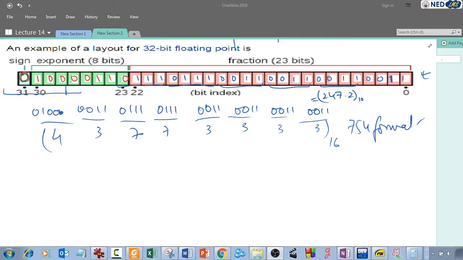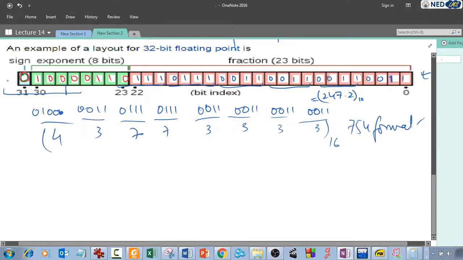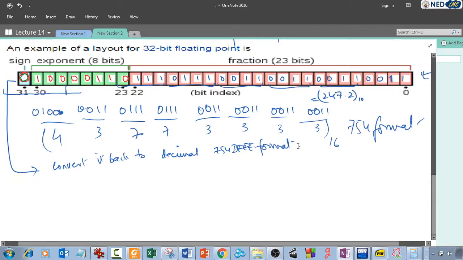Now if I want to convert this number back to decimal, and I'm informed that this number is in IEEE 754 format, that means the first bit is the sign bit.